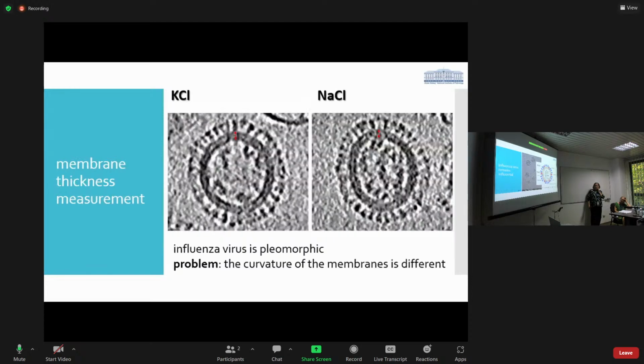And we tried to see in cryo-electron microscopy if the changing solution for inactivation viral particles will change the structure of the membrane. So we measure the membrane of the influenza viruses in different conditions, and this is in cryo-electron microscopy.